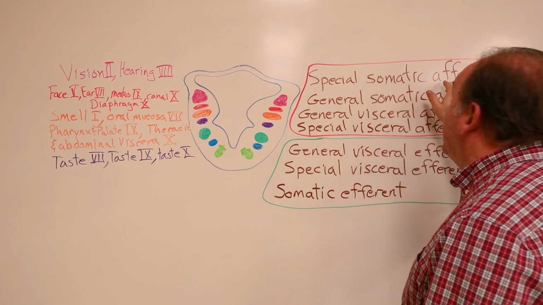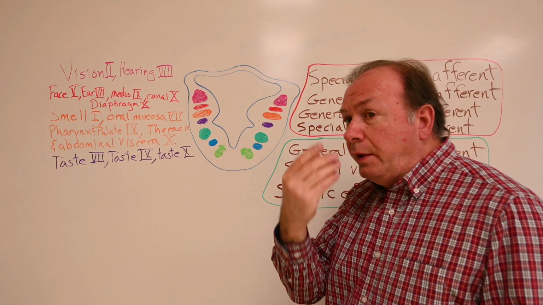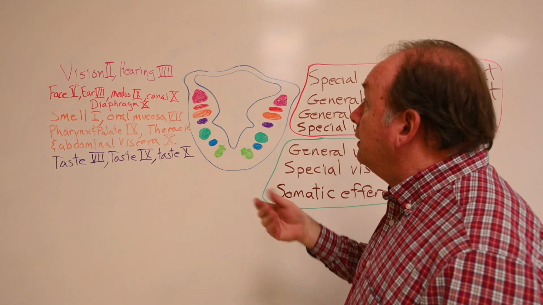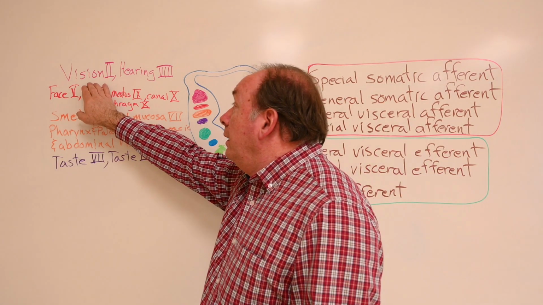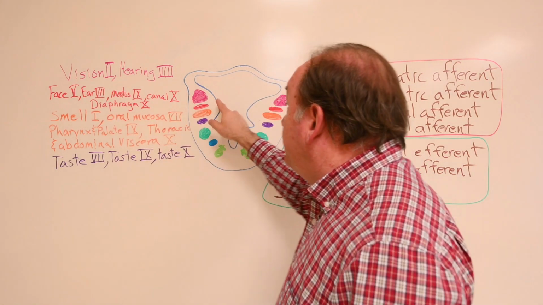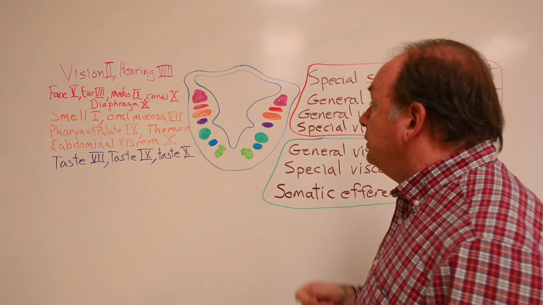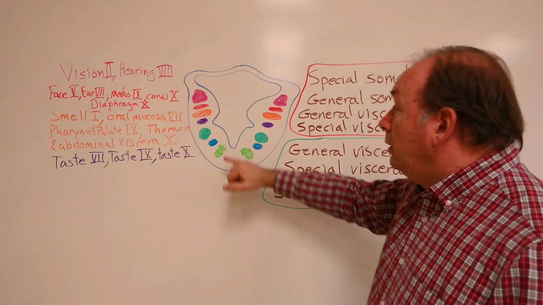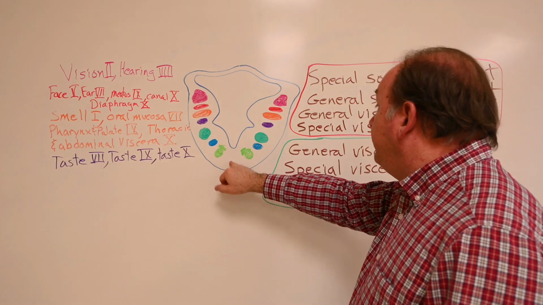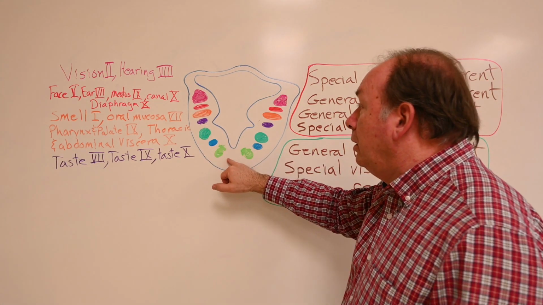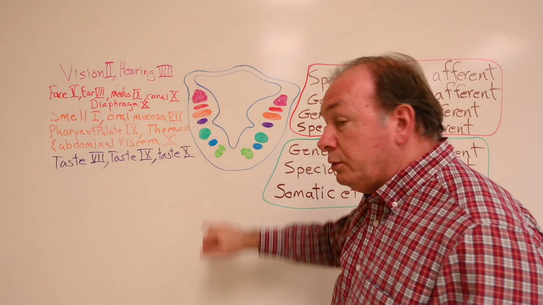And then special somatic afferent, not having to do with the nose or pharynx or gut at any level. The eyes and the ears out here. Special somatic afferent information. Next, we're going to look at the efferent, the outgoing motor segments here, so we'll identify those.